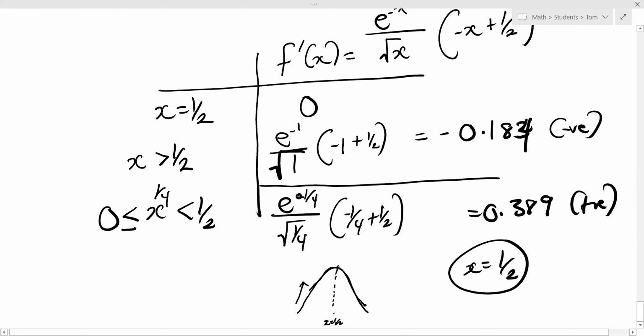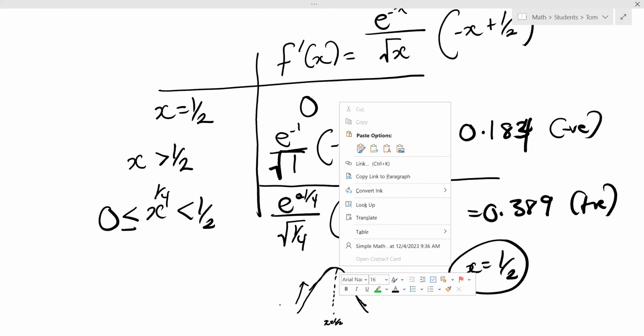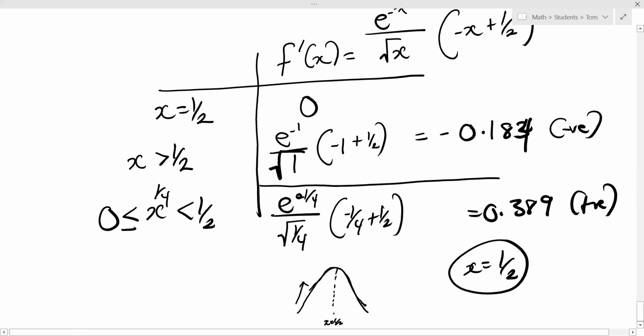So the function is increasing before x equals half. Now someone said, how about at zero?